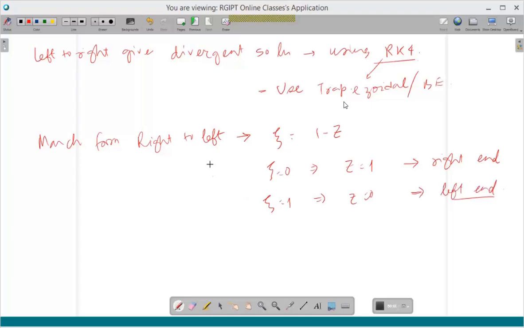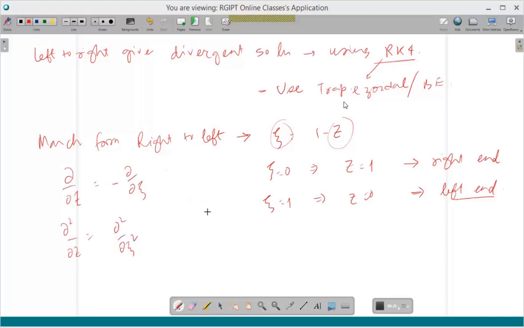Then replace all dependence on z with dependence on zeta. So del by del z is equal to minus del by del zeta, and del square by del z square is equal to del square by del zeta square.